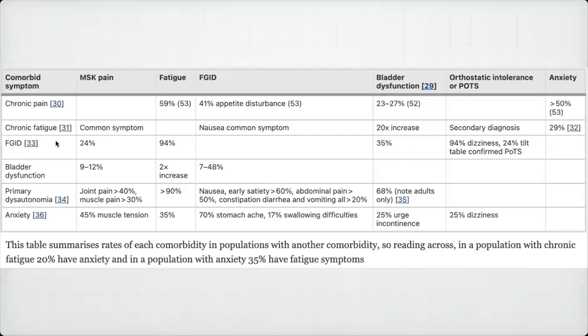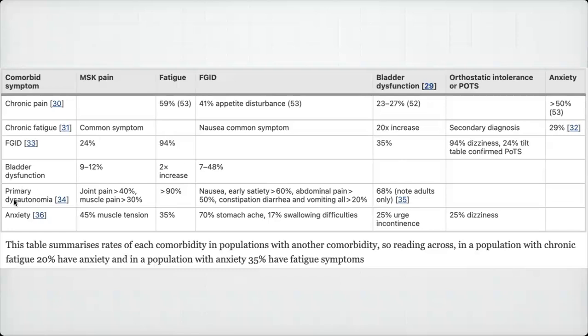And also with functional gastrointestinal disorders, 94% of them had POTS and orthostatic intolerance, such as dizziness. They had tilt-table confirmed POTS, not a NASA Lean Test confirmed POTS. And also 94% of them had fatigue.